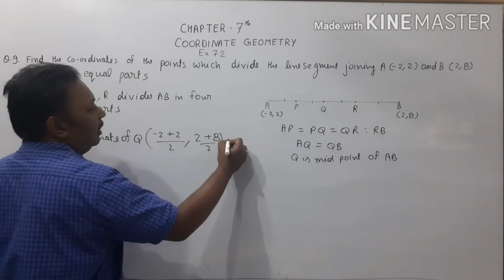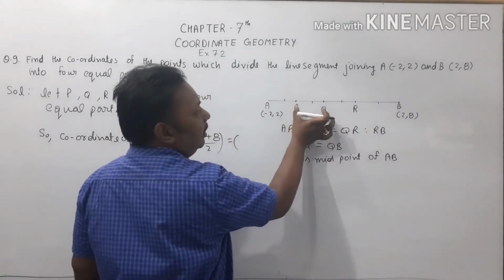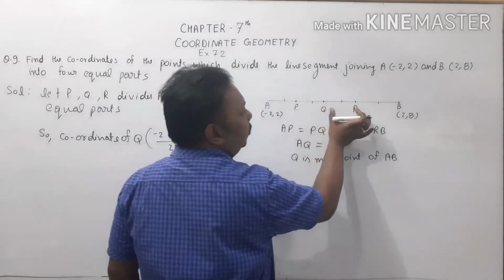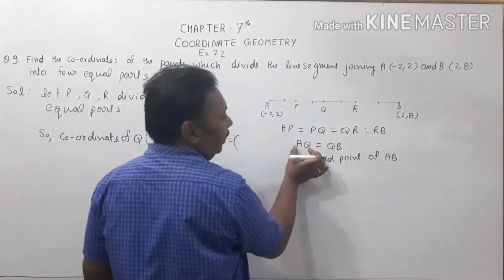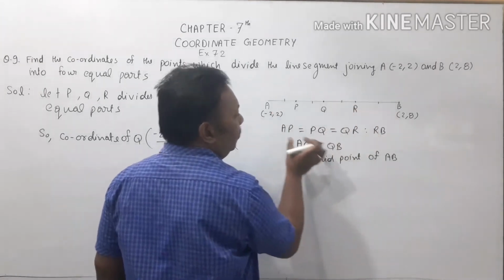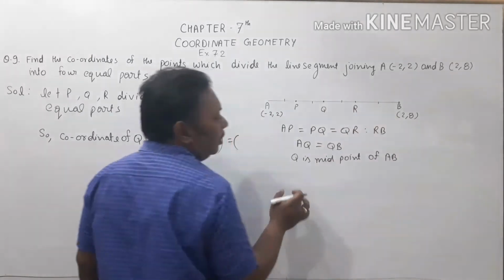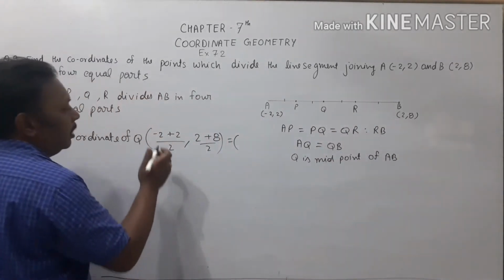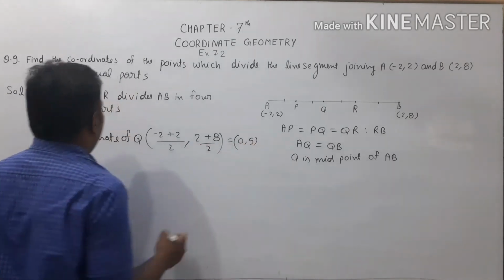By which formula? We apply the midpoint formula, because Q is the midpoint. AP plus PQ makes AQ, QR plus RB makes QB, and these are equal. So AQ equal to QB, because all parts are equal. So Q is the midpoint. The value is (0, 5).